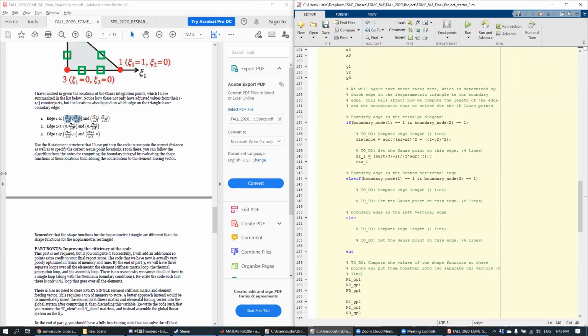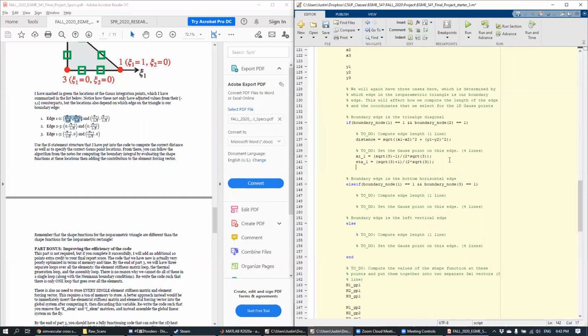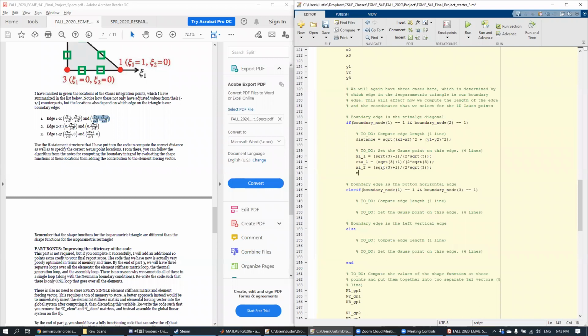And eta1 is square root of 3 plus 1 divided by 2 times square root of 3. I basically copied that coordinate there. Then the other point is given by this expression: xi2 is square root of 3 plus 1 divided by 2 times square root of 3, and eta2 is square root of 3 minus 1 divided by 2 times square root of 3. Those are the xi and eta values.